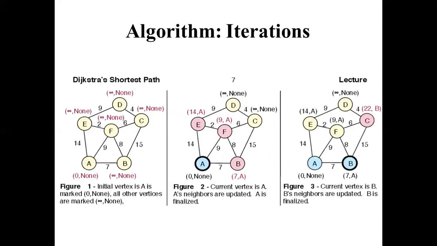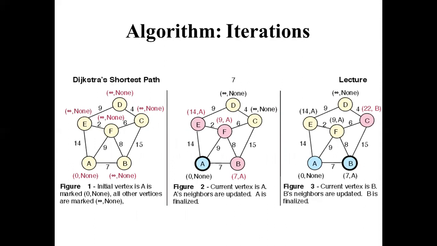This Dijkstra's algorithm is executed in multiple iterations. So let us see the example graph. As you can see on the left side in figure 1, we have multiple nodes given.